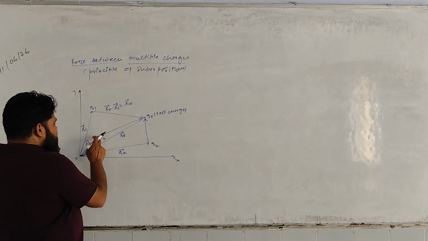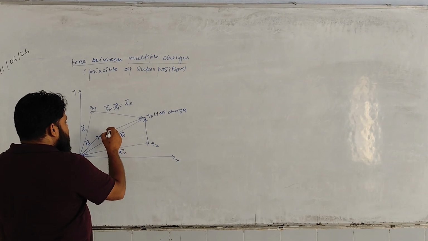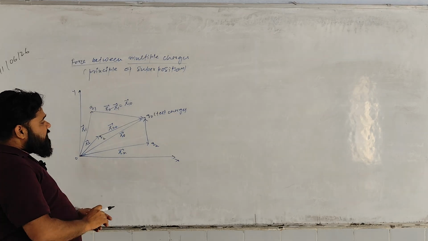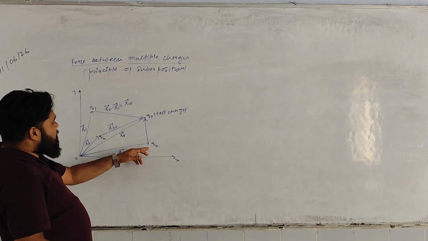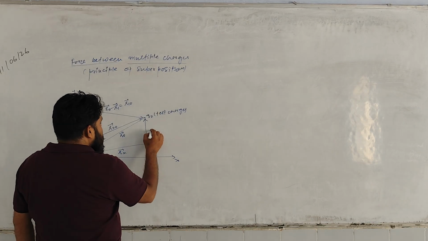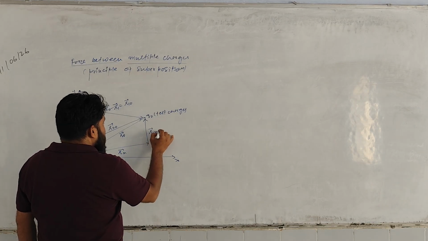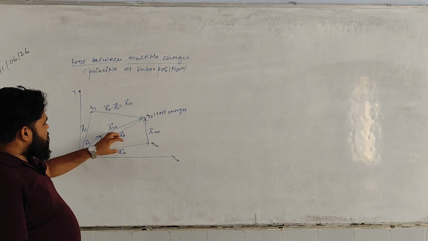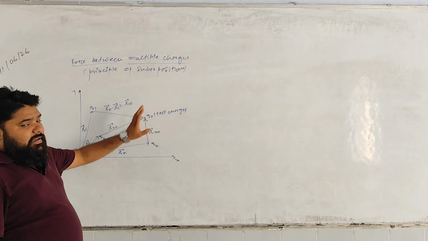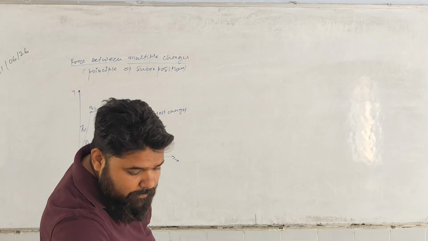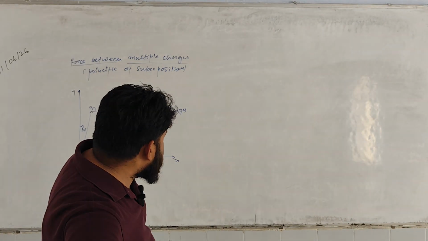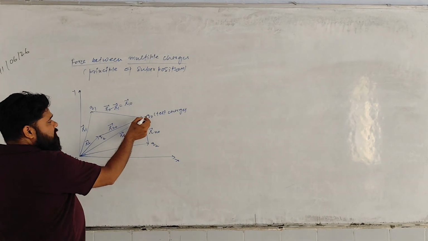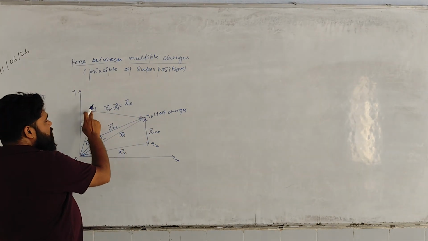Similarly, the vector leading from q2 to q0 is r20, and the vector leading from qn to q0 is rn0. These charges q1, q2, q3, q4 up to qn exert force on q0. What will be the direction of the force on q0 due to q1?